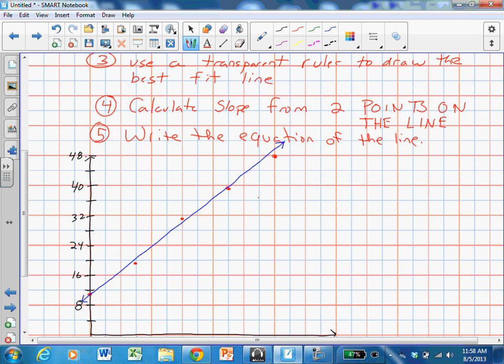Now notice that it wasn't connected dots. Not every point. You get some of these aren't falling right on the line, right? You see most of them or all of them are off the line, except maybe the first one might be right on it. So then we're going to pick 2 points to calculate the slope.